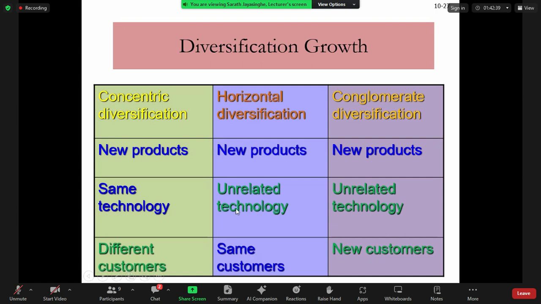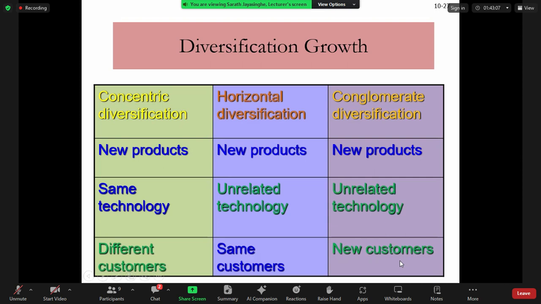Now they are coming with new technology, unrelated technology: television, coconut scrapers, ACs. And to the same customer, because more people go to Abbas to get more products. So you can use unrelated technology and come with a new product. Then conglomerate diversification: unrelated technology and new customers.